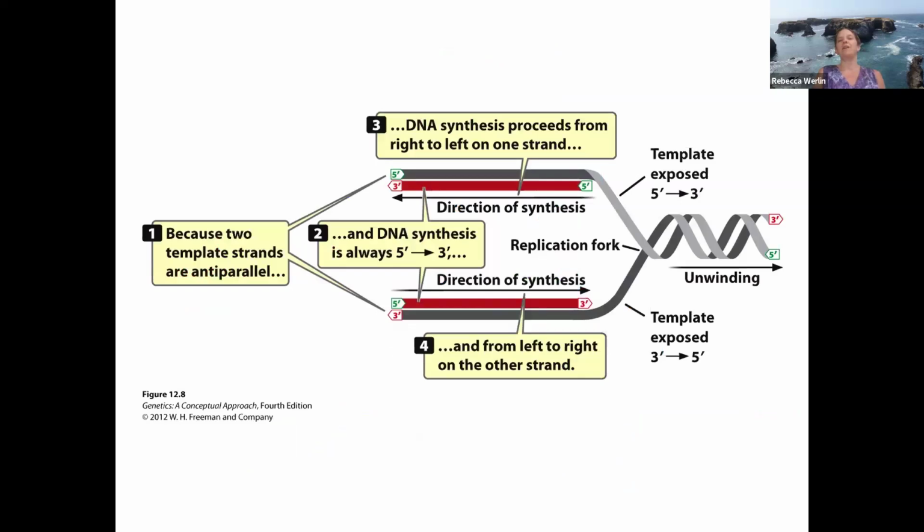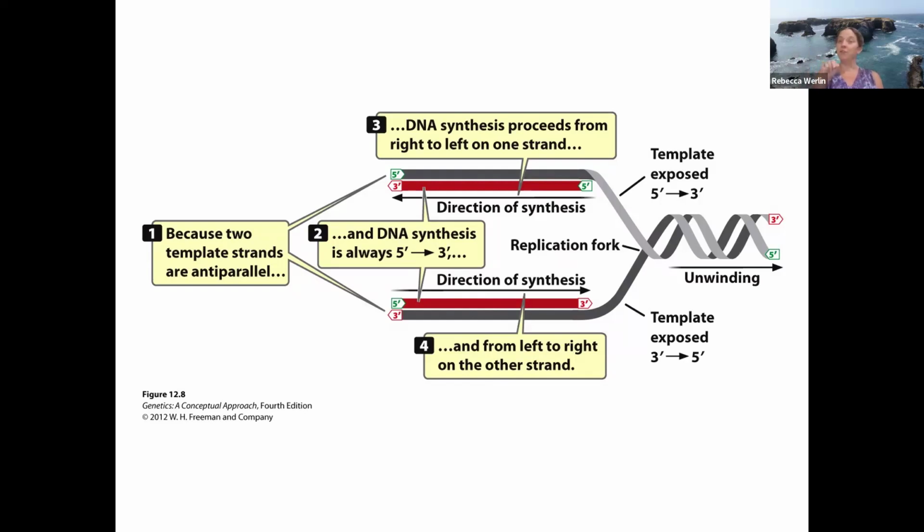Now, remember, we have anti-parallel strands, a 5' end and a 3' end for both. And so as you can see here, as you're replicating your DNA, you separate the two strands so both original strands can act as template. And then you have new DNA that's added in. Now, DNA that's added in can only be added to in the 3' direction. So as you can see at the top, we have the template strand running 5' to 3', and it goes that way.